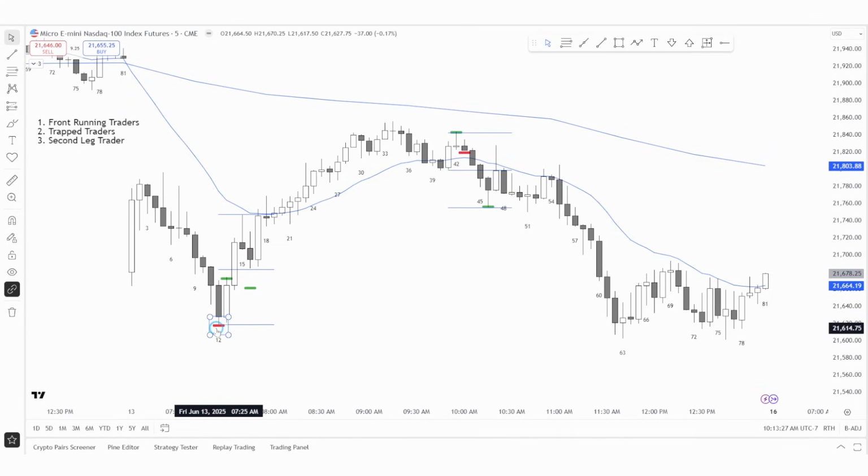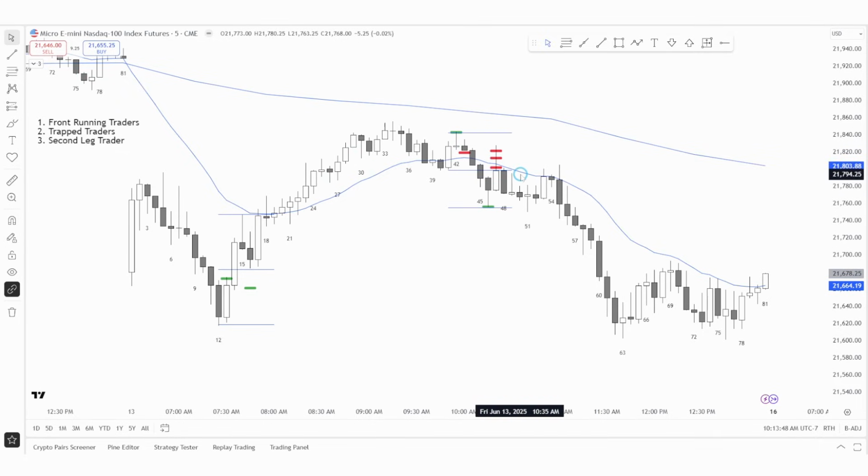Again, now bulls are trapped. They're going to sell out of longs. These bears are going to press their position to increase their profits. So we have front running traders, we have trap bulls selling out, front running traders adding, and second leg traders, us, selling again at the 50% level.